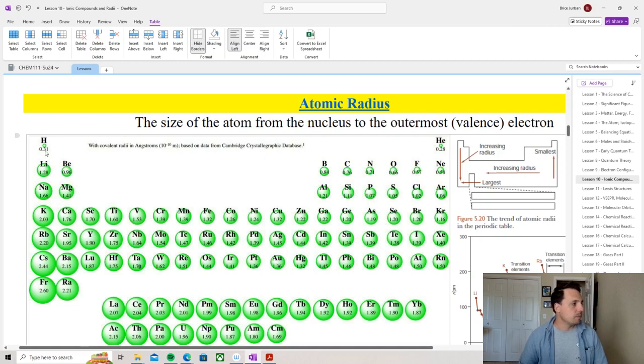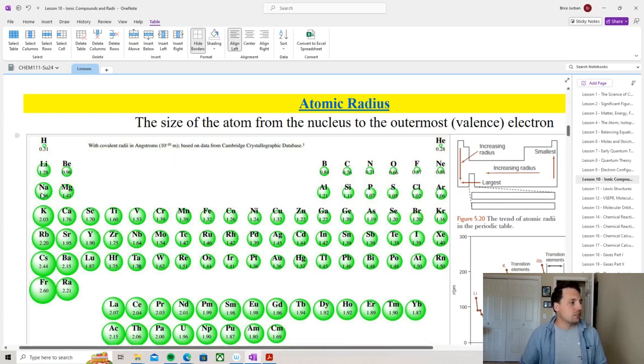And the next smallest element is hydrogen. As we look at lithium and then beryllium, then boron and carbon and so on, as we go right on the periodic table, the radius decreases in each period or in each row.